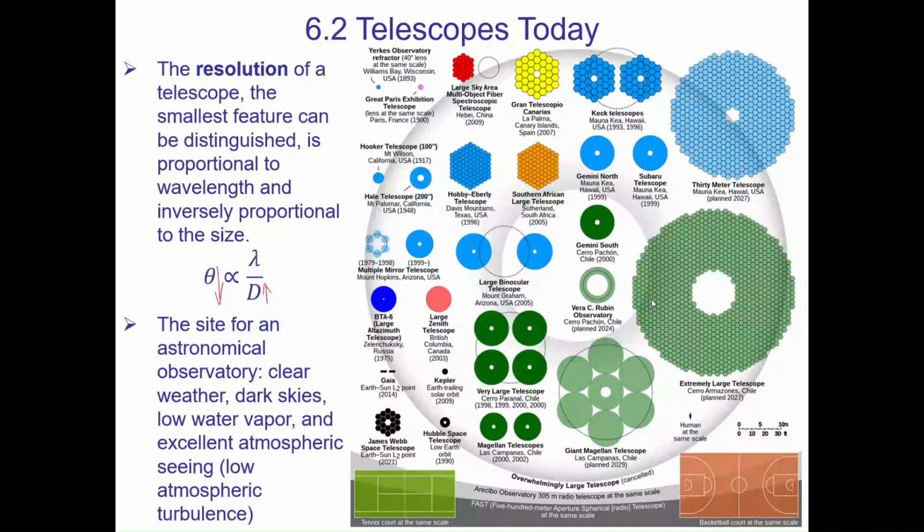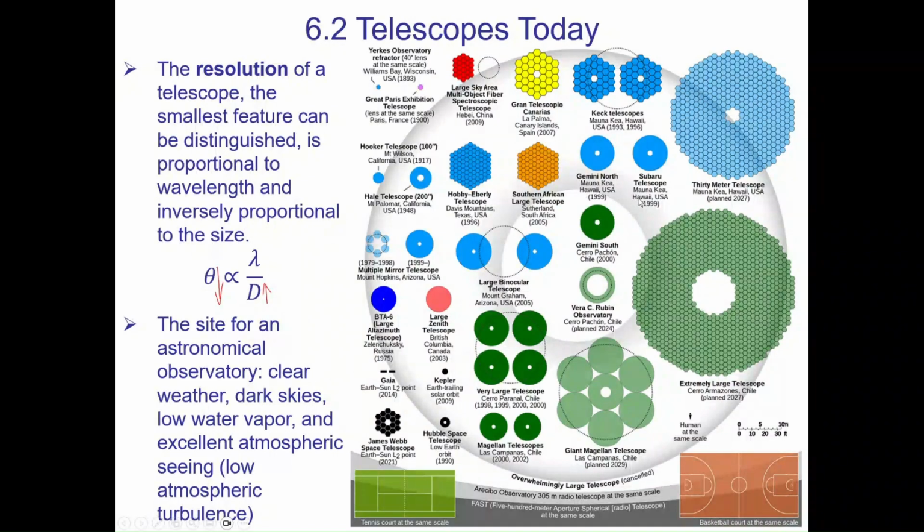And another piece of information I want you to get from this image is to look at the site, the location of the telescope, and what are some popular sites. You can see some popular sites for the later telescopes. You can see Hawaii, right?